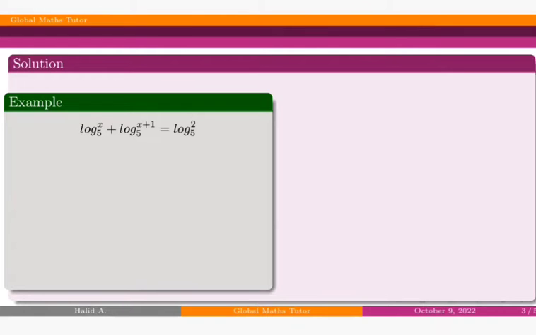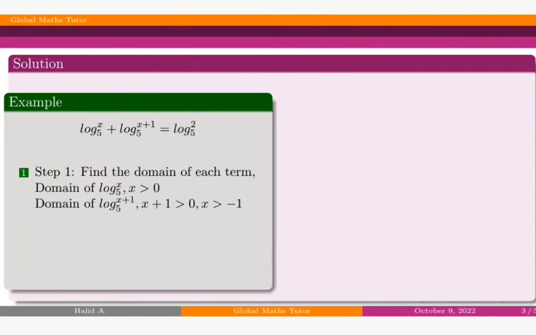So we can simplify this left hand side to one expression, but before that the first thing we need to do is find the domain of each term. Let's do that. The domain of the first expression, the logarithm of x to the base 5, is that x should be greater than 0, as we know.